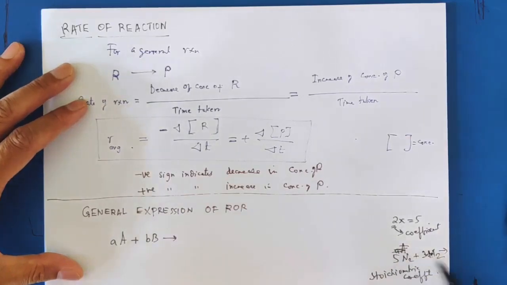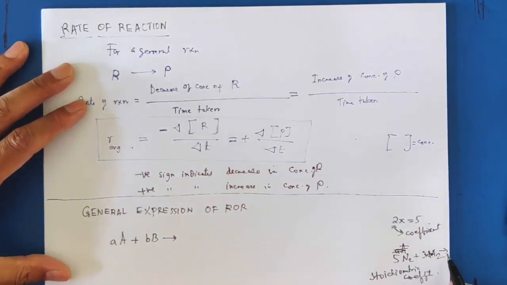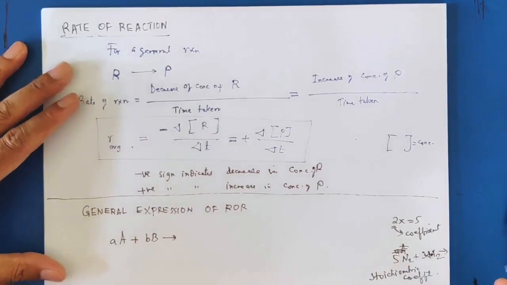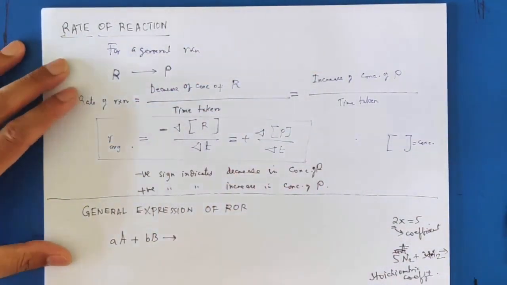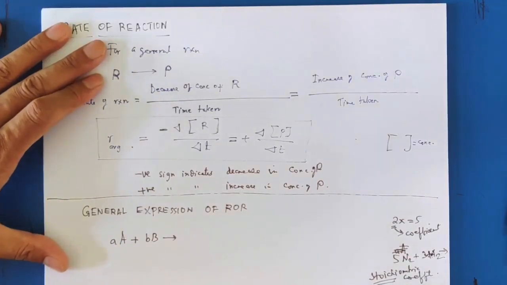This is more correct, as hydrogen and nitrogen react and ammonia is produced. That's why we have to use stoichiometry.